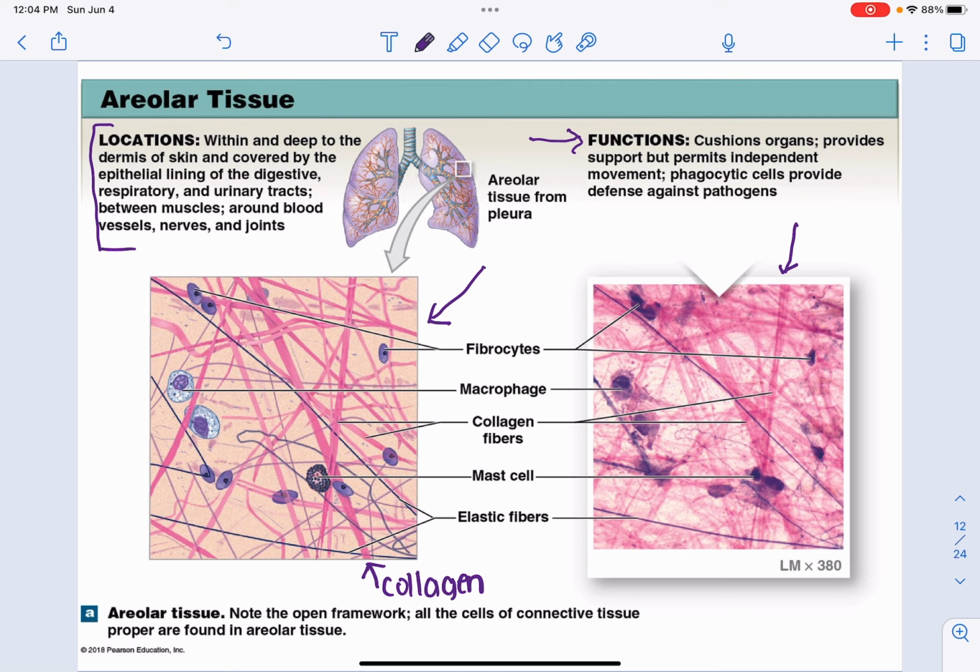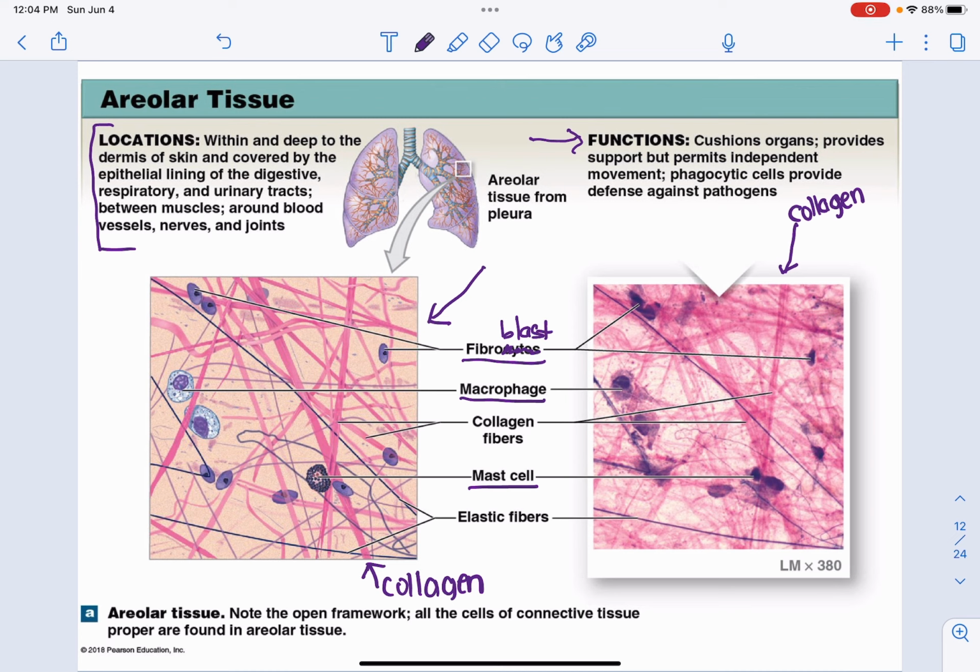When you see these dark pink looking fibers, those are the collagen fibers. You can see various cell types within the areolar tissue. You can see mast cells, this is an immune cell. Macrophages, those are also immune cells. And then we talked about fibroblasts. We'll call that fibroblast.